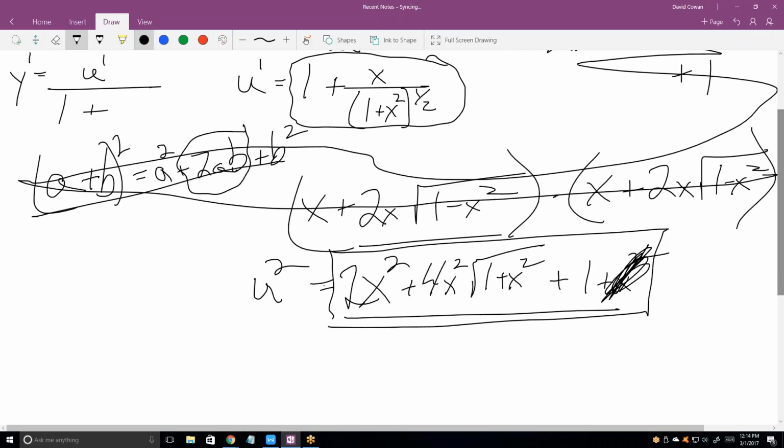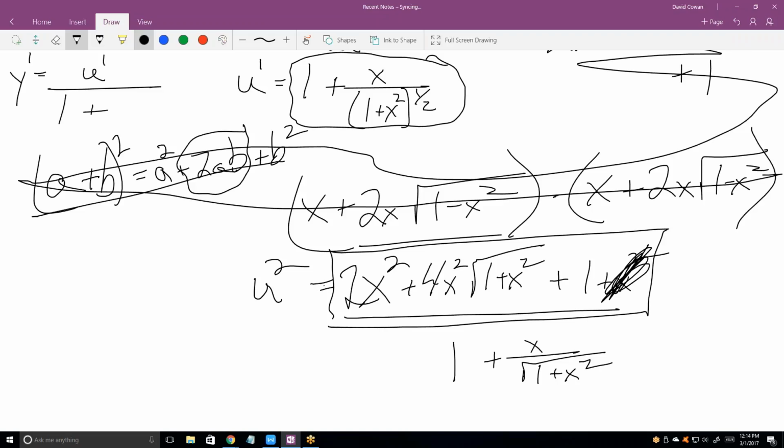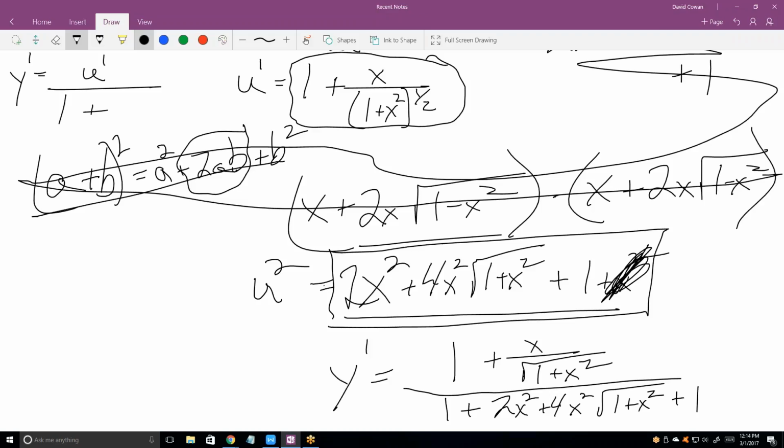So u prime's on top: 1 plus x over square root of 1 plus x squared. That's the numerator. That's u prime. Divided by the denominator, which is 1 plus 2x squared plus 4x squared root 1 plus x squared plus 1. That's what y prime is before simplification.